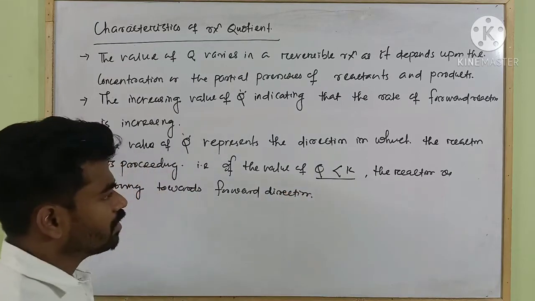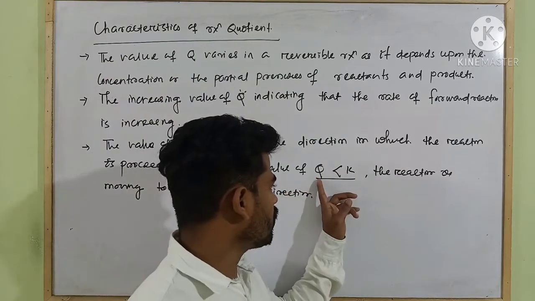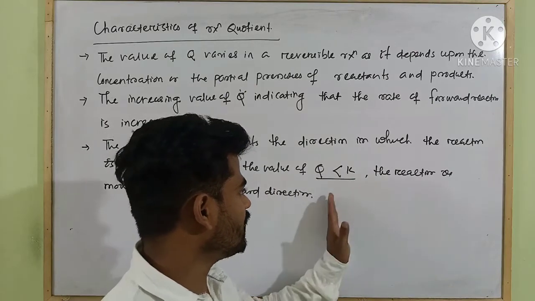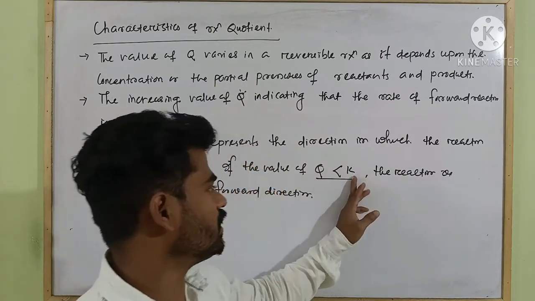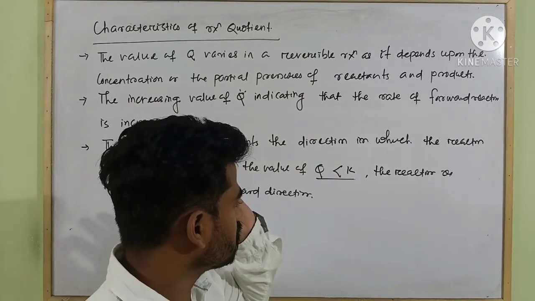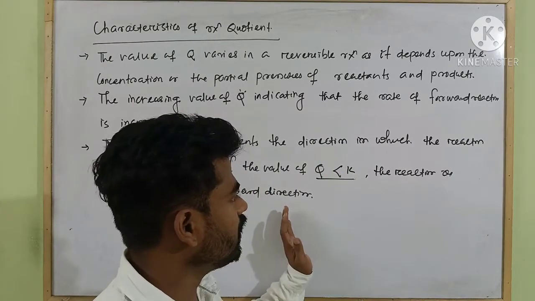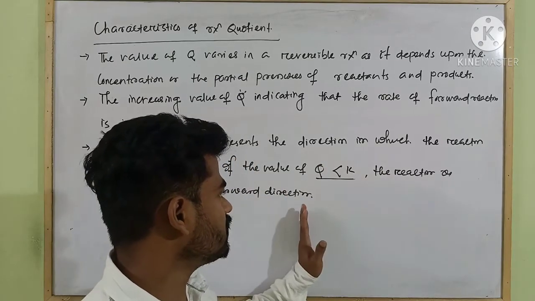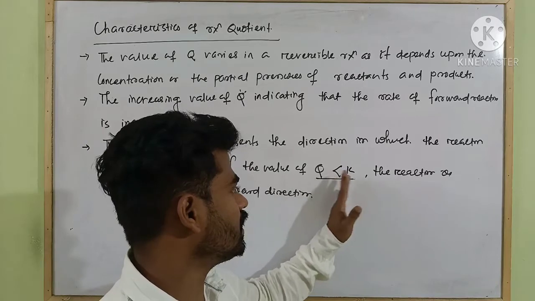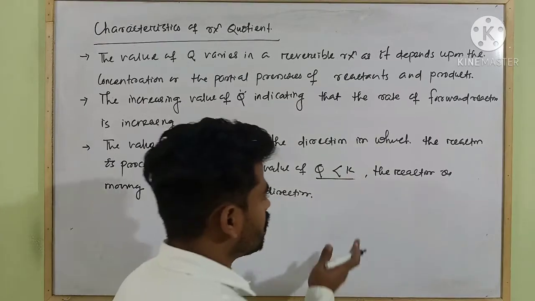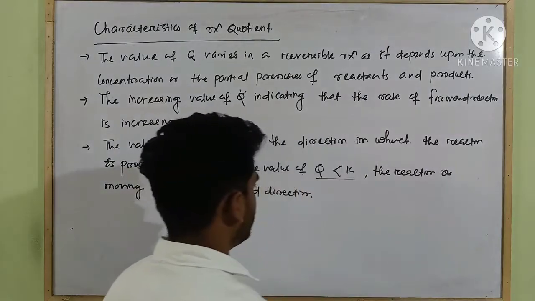You see, the concentration of product to reactant is less than that at equilibrium. So what does it indicate? That means the reaction is proceeding in the forward direction, because the concentration of product is less than the equilibrium concentration. That means the reaction is moving in the forward direction, and it's vice versa.